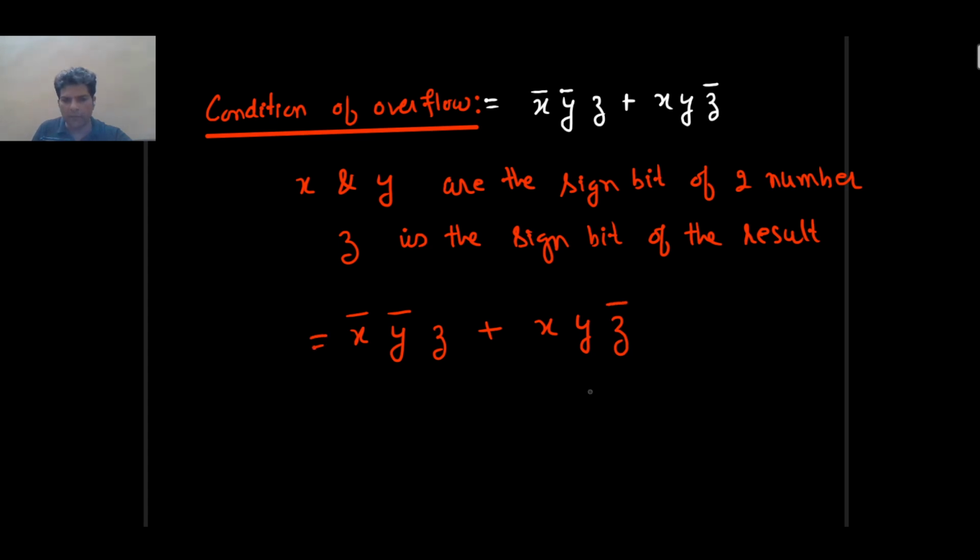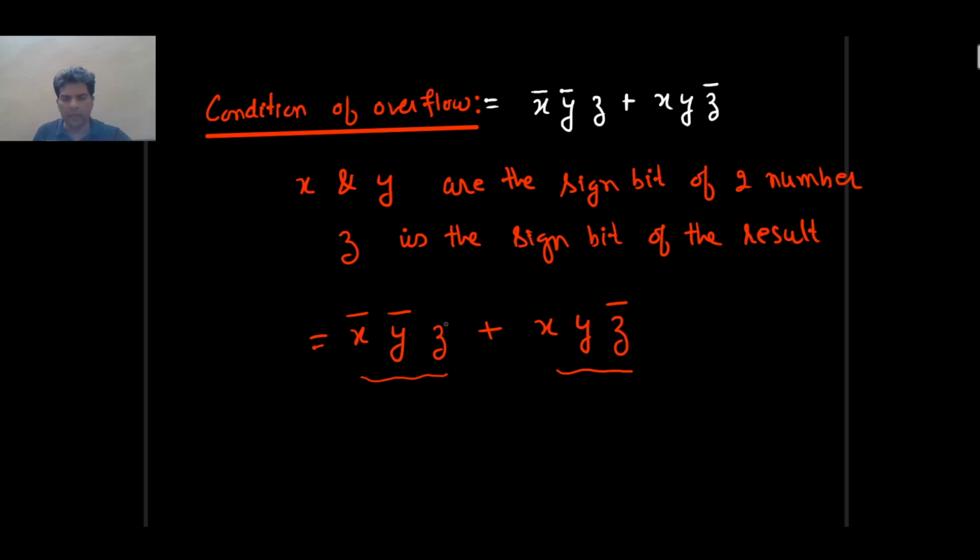If any one of the two terms is satisfied, then that is the condition of the overflow. Clear? So again I am repeating, x and y are the sign bits of the two numbers that we want to add, and z is the result after the addition of x and y.